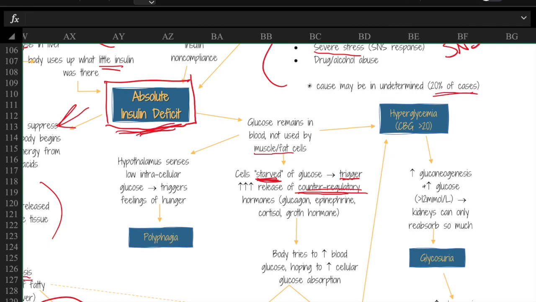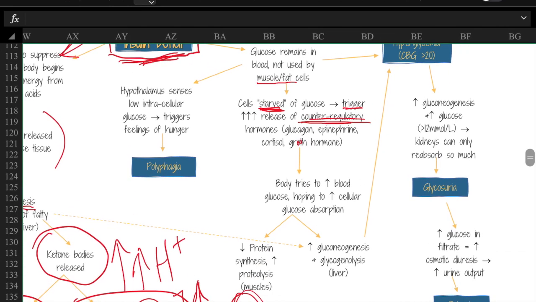We've talked about that. It's these counter-regulatory hormones, glucagon especially, but also epinephrine, cortisol, and growth hormone, that should have a W in it, sorry about that. And what happens when we increase these hormones? We have an increase in glucose in the blood.